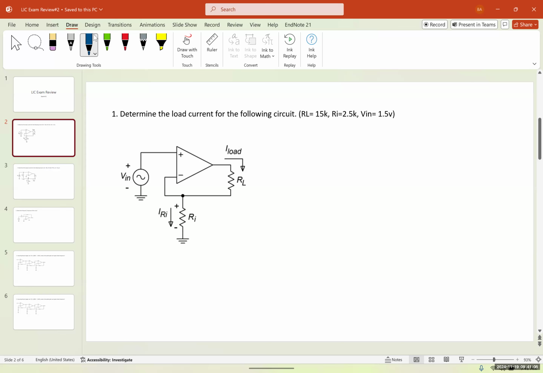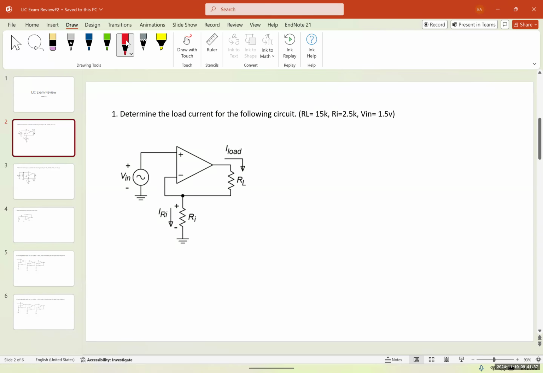Has anyone solved it? We are looking for the current, okay? So if you can't remember what type of circuit this is, by the way, this is a voltage to current transducer.